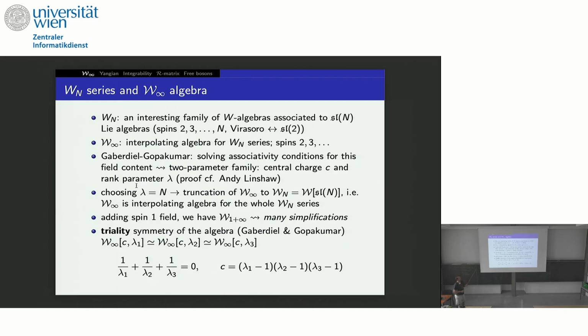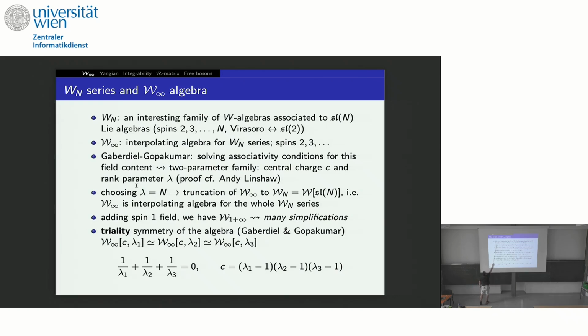So they just relaxed this condition that the number of generating fields is finite and that it terminates at n, okay? And they found a two-parametric family of algebras, which is actually not surprising, because already here we had two parameters.